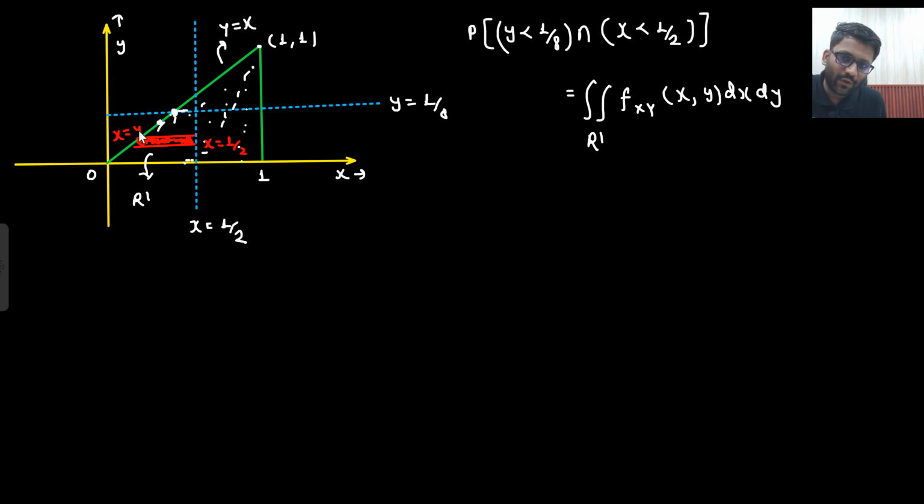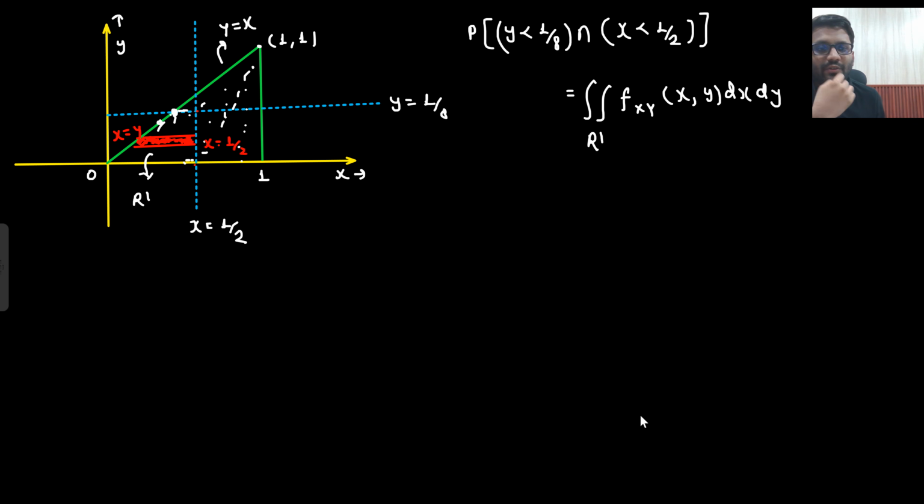So the limit of x will go from y to 1 by 2, and you move the strip upward. Whether the strip is here or here, always x is going from y to 1 by 2. And what about the limit of y? If you move the strip upward, y is going from 0 to 1 by 8.